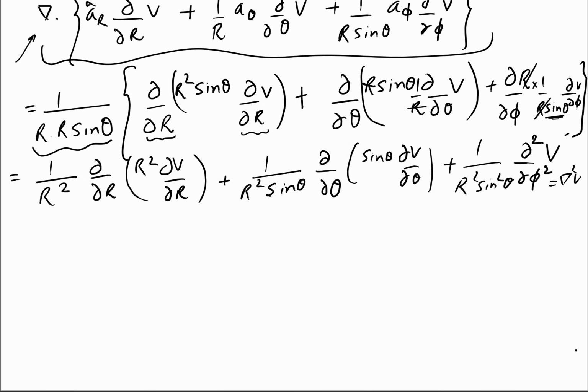So we know now that it can be written equal to 0 if it is Laplace equation, or if it is having some source charge density, then it is equal to minus of rho by epsilon naught.